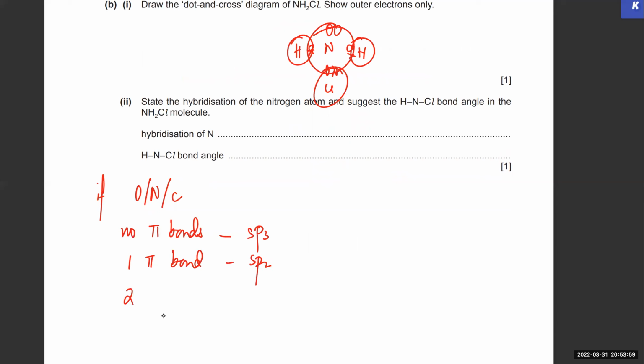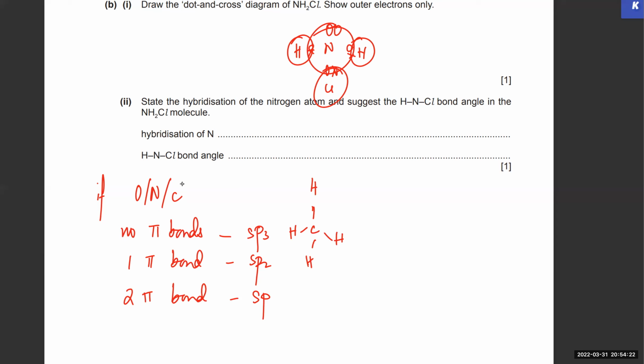And if you have 2 pi bonds, that would make it sp. For carbon's case the first one was CH4, but the same rule applies to N and oxygen as well, because they have almost the same electronic configuration, except that they have lone pairs.